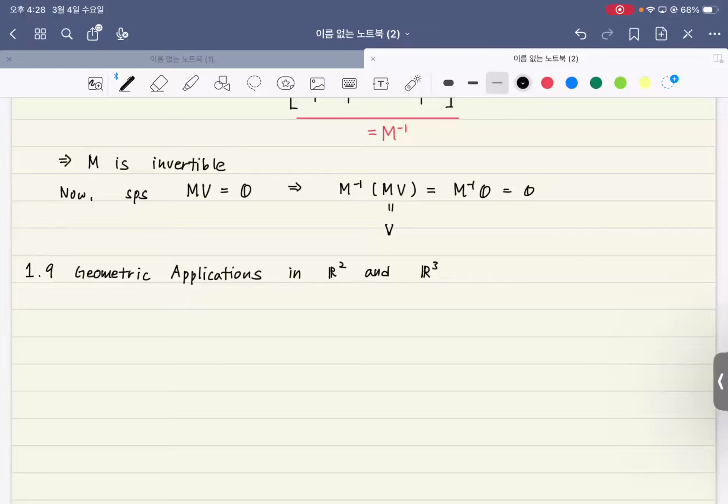So we studied a little bit of linear algebra, but we are not going to go so deep into it. What we are interested in is the applications of all this linear algebra in the world of 2 and 3 dimensions, because those will be the dimensions that we will be mainly interested in.